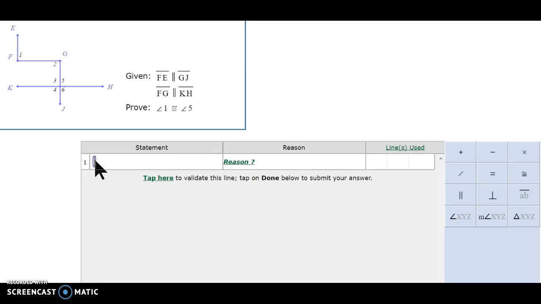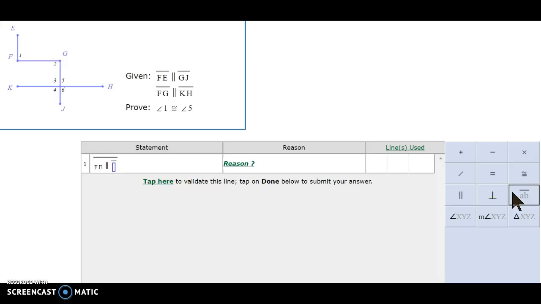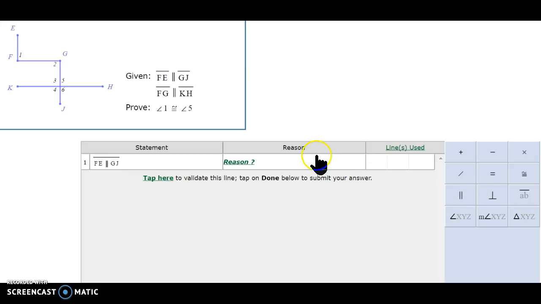So, it is given that FE is parallel to GJ, so I'm going to put that down. FE is parallel to GJ. That is given to us.